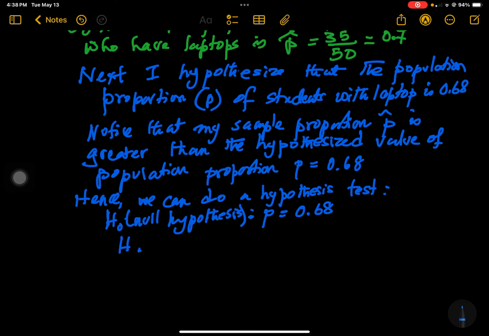And my alternate hypothesis is P greater than 0.68.